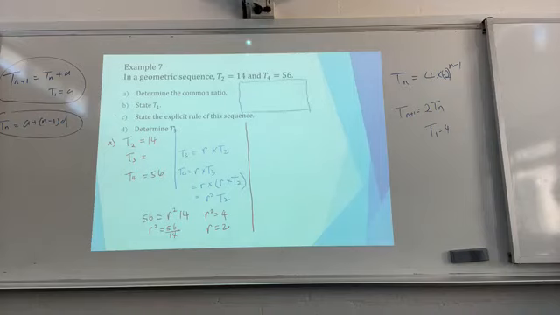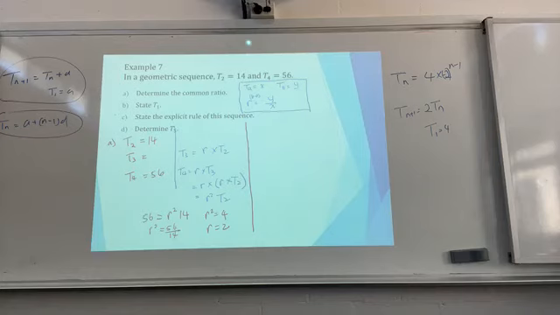If you've got TA equals some number, let's say X, and TB equals Y, and you want to find the ratio, if B is greater than A, then R to the power of B minus A is Y over X.